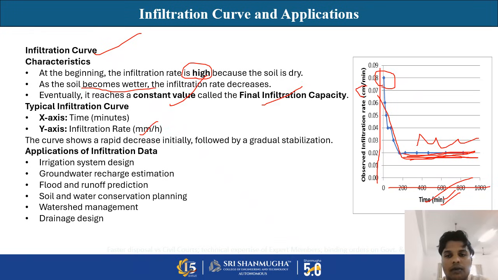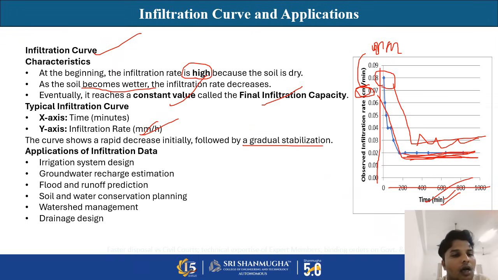In this picture it shows centimeter, but we can also plot the curve with time and infiltration in millimeter, okay. We can take the readings in millimeter also. The curve shows a rapid decrease initially, followed by a gradual decrease and stabilization.